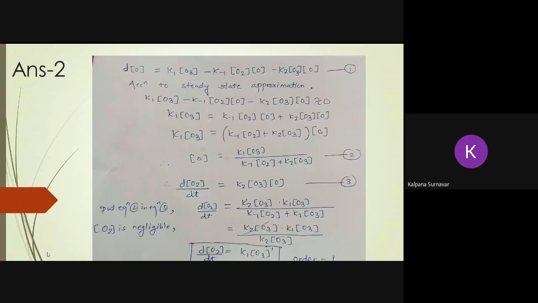We have to solve a long derivation for this, and you can find the rates of oxygen, ozone and O2 separately.